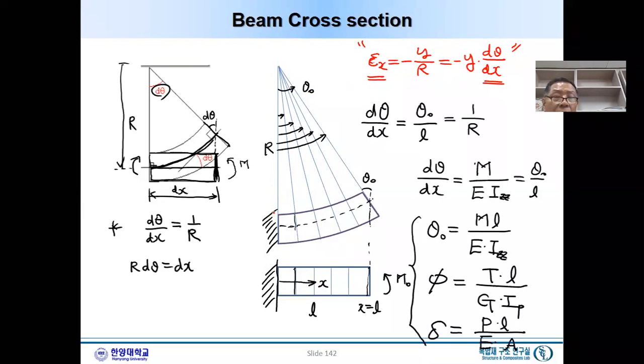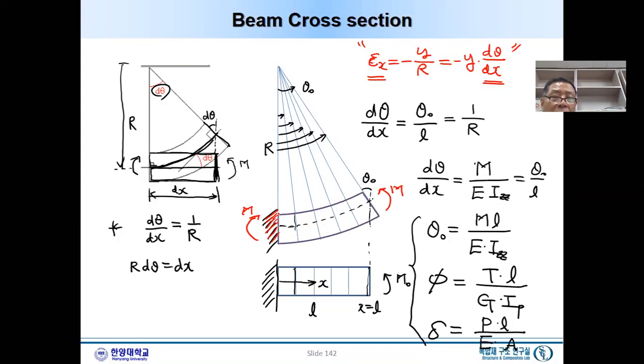To do so, let's say we have a beam where we apply a bending moment at the end. Let's start with the left-hand side as the clamp. Of course, there will be a reaction force and moment to be in equilibrium.